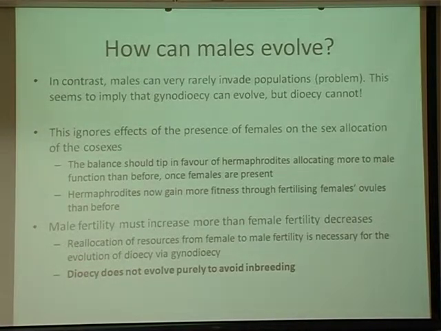It turns out when you do the population genetics of it, that male fertility, in this case once females are present, must increase more than female fertility. The co-sex's female fertility is decreased. So you've got to have reallocation of resources such that you get a big boost in male fertility and not too bad a decrease in female fertility. And this shows you conclusively that you can't evolve the second step without reallocating some resources. So again, I'm really emphasizing that it's not true that it's just an inbreeding avoidance mechanism.